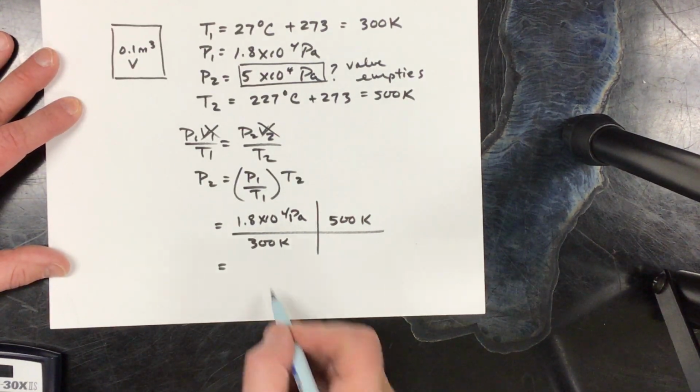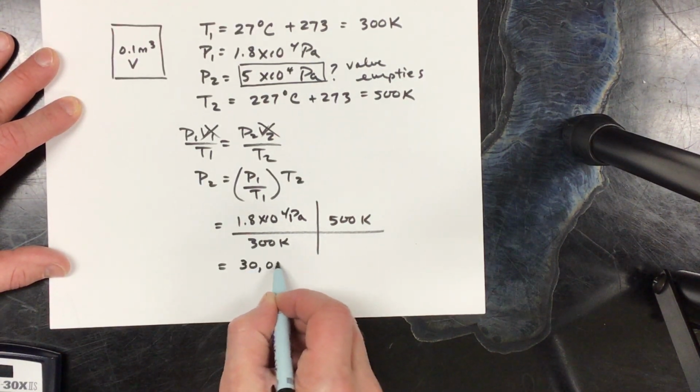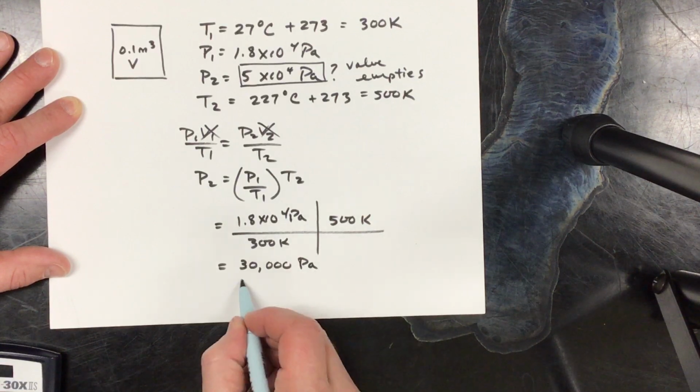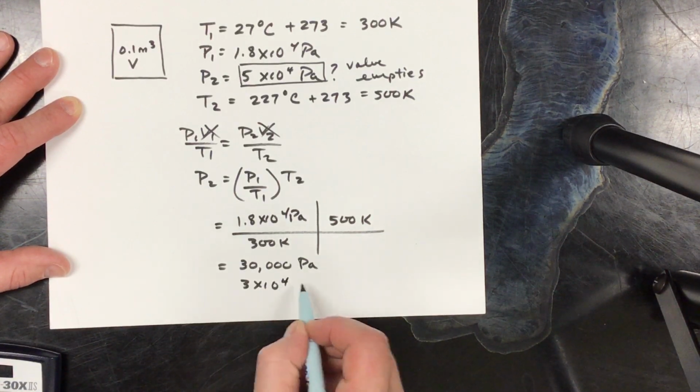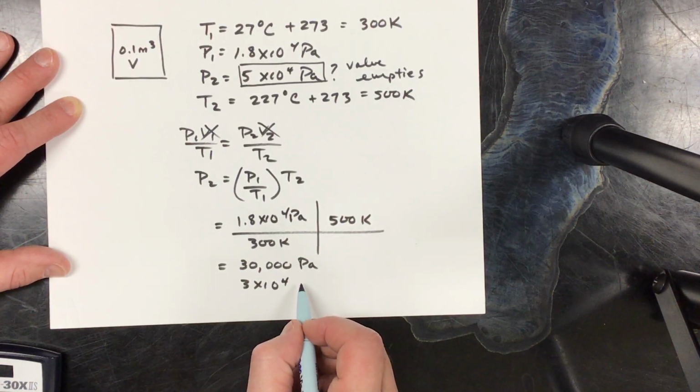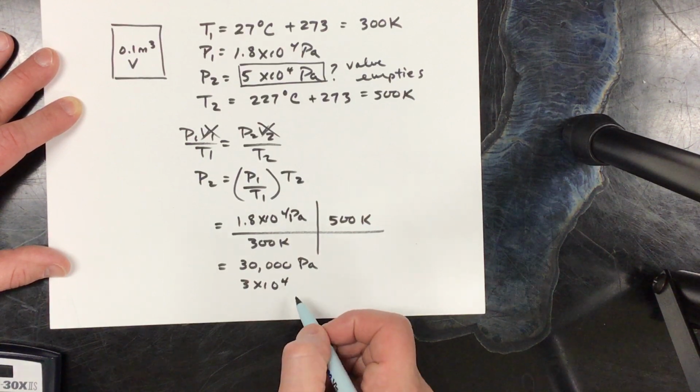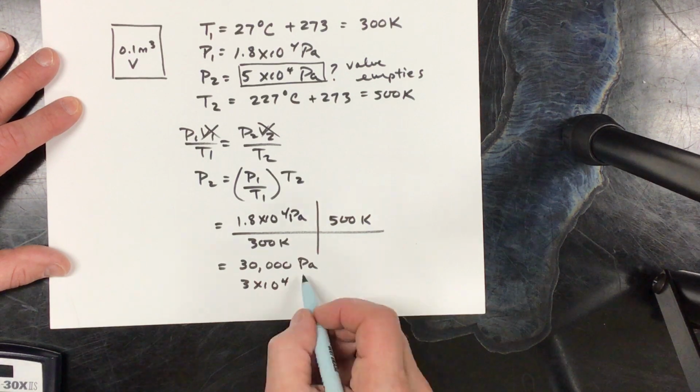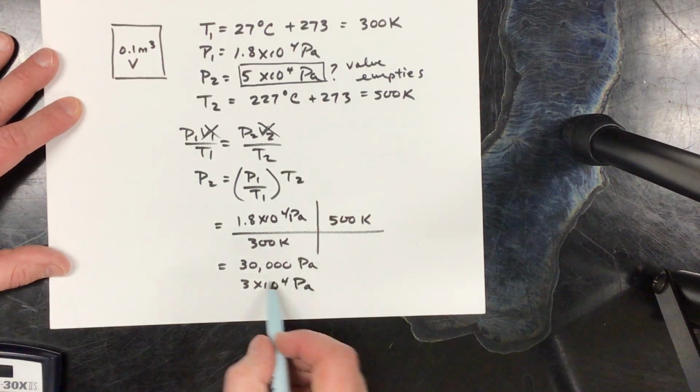So I get 30,000 pascals, which is 3 times 10 to the 4 Pascal.